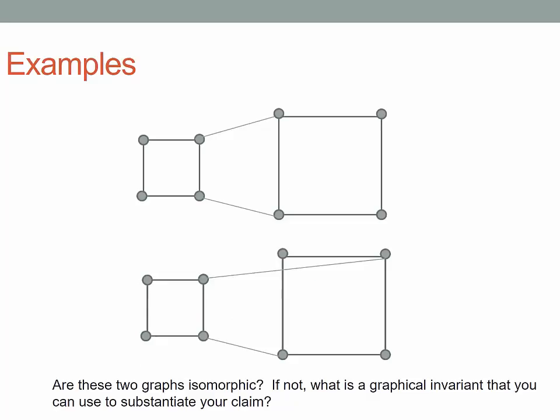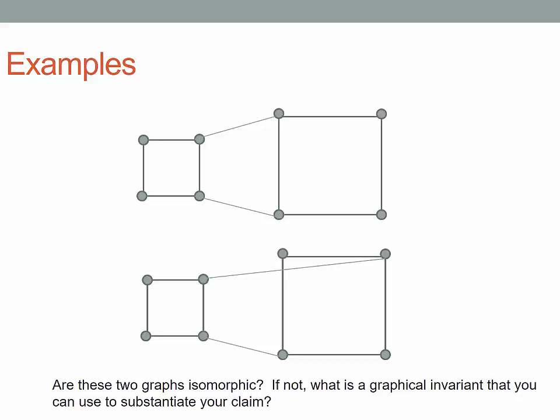For our next example, let's look at these two graphs. The graph on top has three 4-cycles: the small one on the left, the big one on the right, and the 4-cycle that's generated in the middle by the two connecting lines between the small and the big one. The graph on the bottom, if you'll notice, we have changed one of the adjacencies.